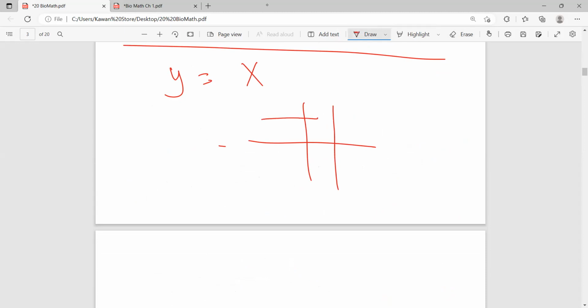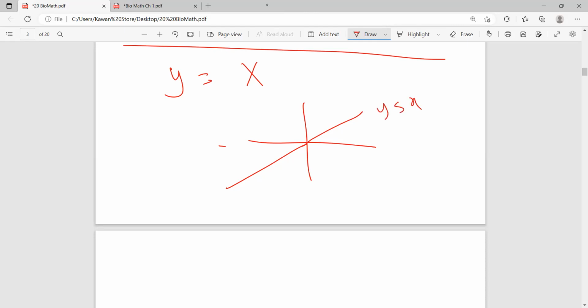Vertical, like that? No? Okay, we have a slant. A slant, or it's called oblique, up to you. So this is the graph of y equal to x.